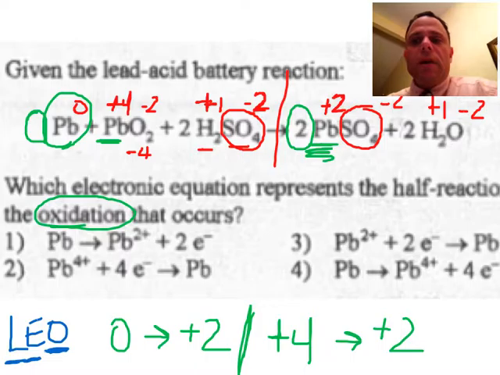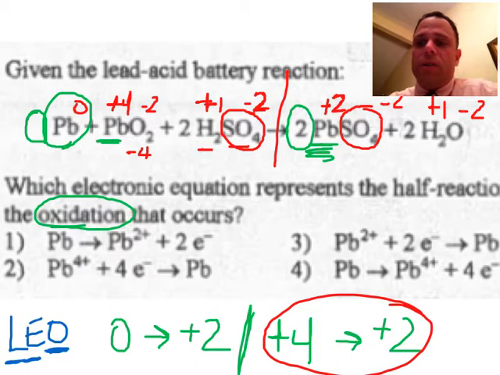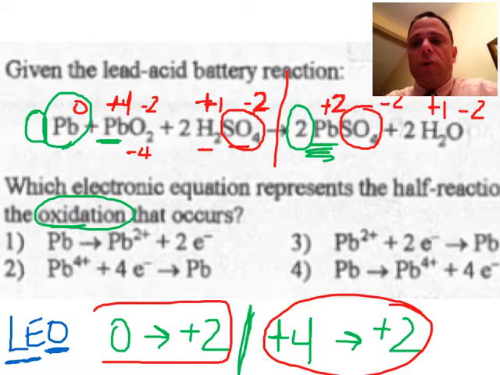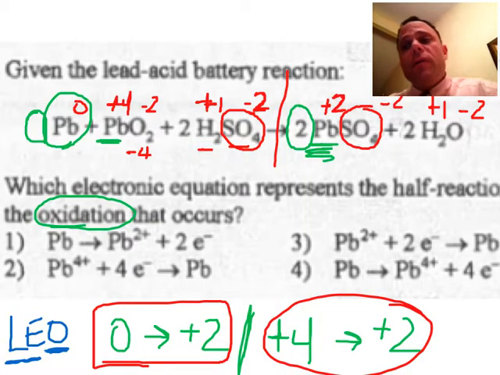Now we're looking for oxidation. Which one represents oxidation? For reduction, the number would be going down, and that would be this one, +4 to +2. That would be reduction, but we need oxidation. So we have to show lead at the 0 climbing to a +2. Now how would it do that? It would have to lose 2 electrons.